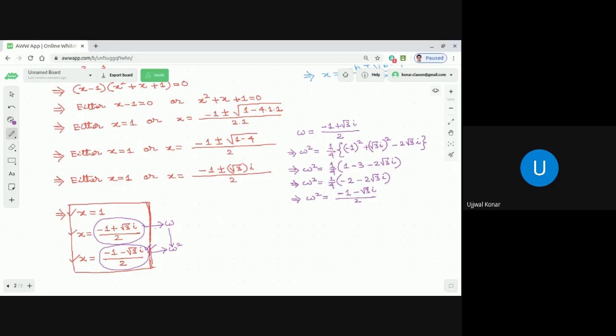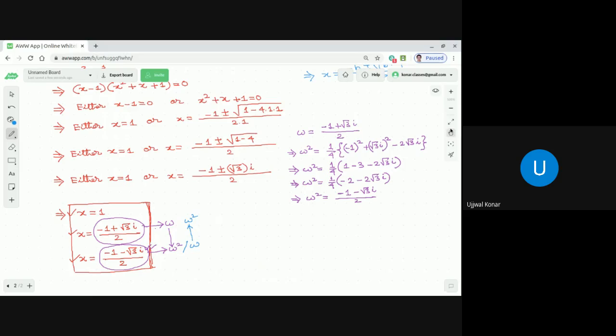Now it is vice versa also. That means, I can use a different color and explain this thing. You can consider this as omega. If you consider this as omega, then you will find omega square will be the other one. That means if we consider omega as minus 1 minus root 3 i by 2, then if you make a square, you will get minus 1 plus root 3 i by 2.